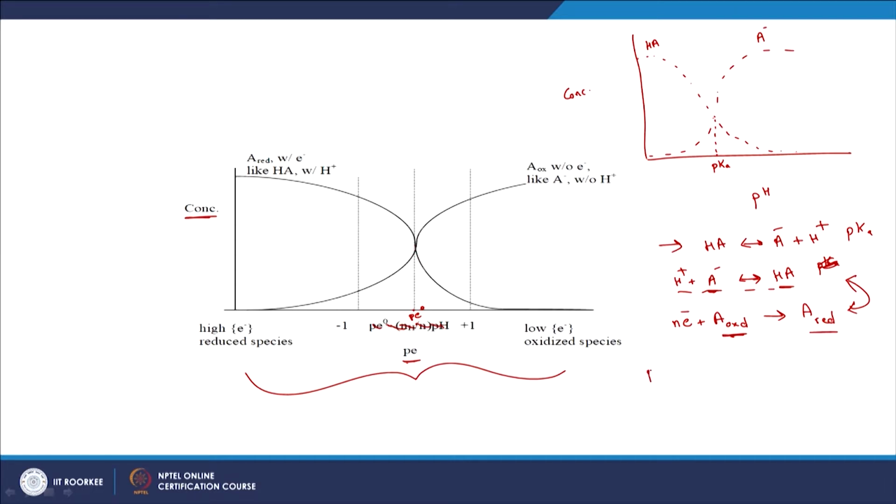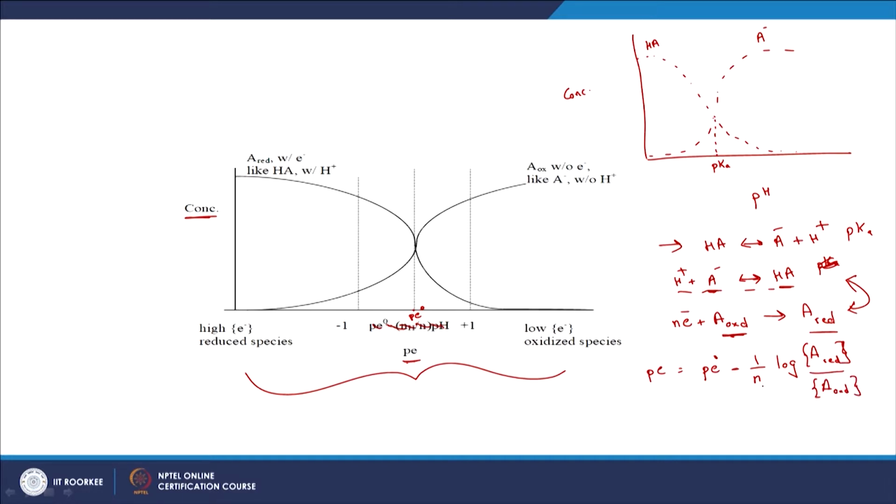So, we have Pe is equal to Pe naught minus 1 by n log Q dash, and what is Q dash for this particular reaction? It is the A reduced form divided by the A oxidized form.